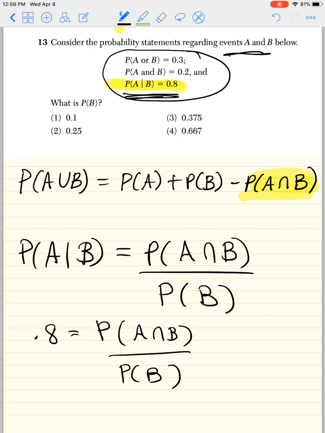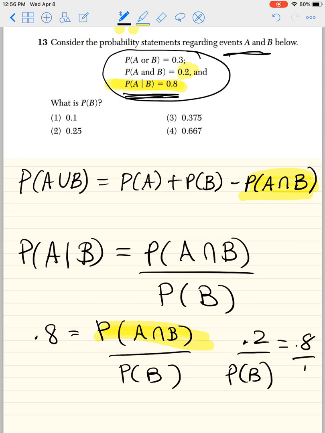They told you that P of A and B is equal to 0.2, so I'm just going to substitute that. So I have 0.2 over probability of B, and that's equal to 0.8.